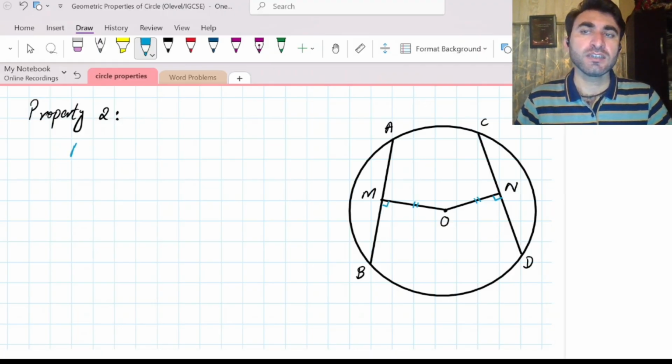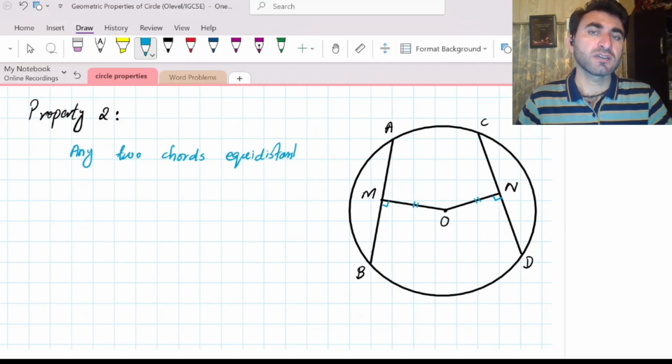Any two chords equidistant from the center are equal in length.